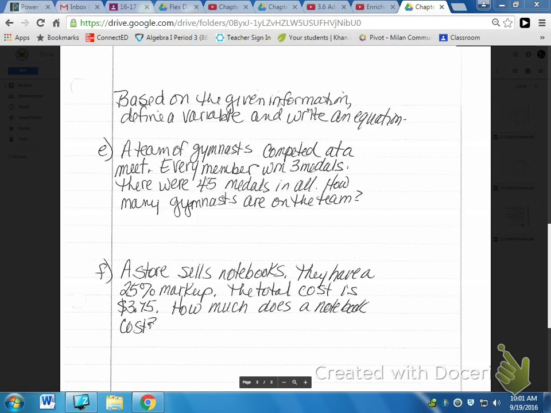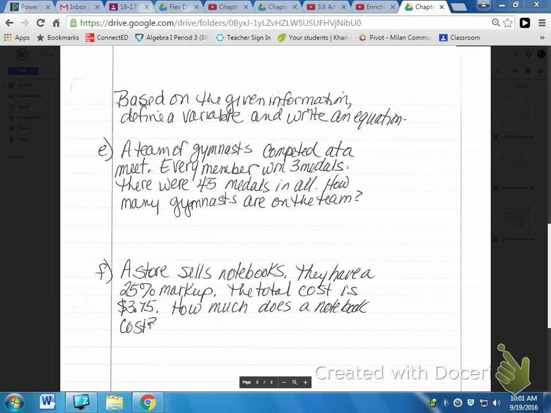And then use that variable in an equation, not a solution, to write the equation, then you would work on solving it. So that's always kind of the hard part, writing the equation without writing it as a solution, sort of.